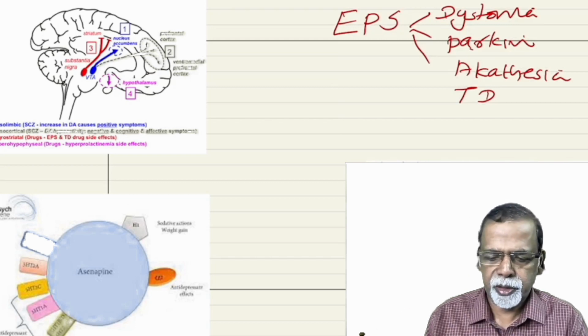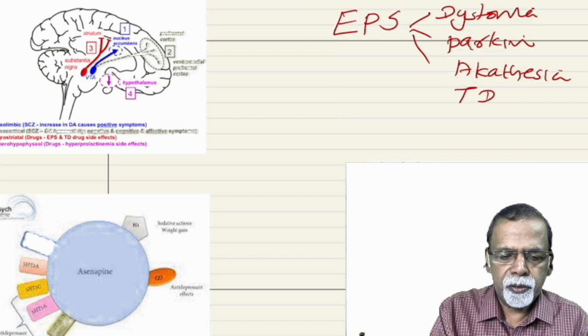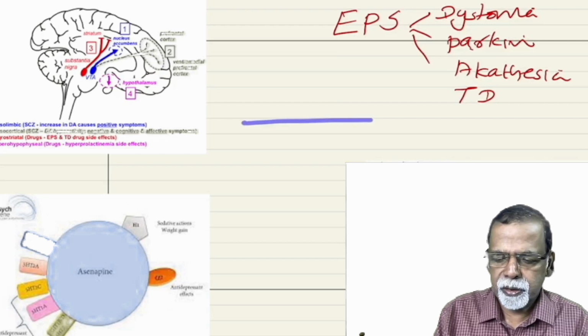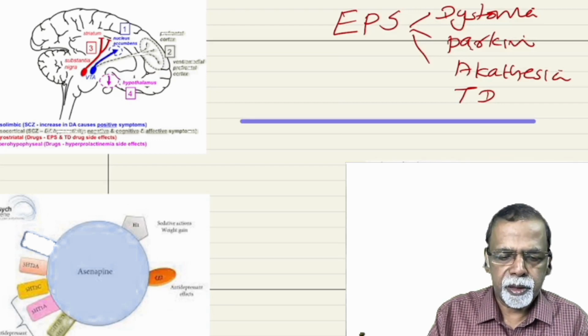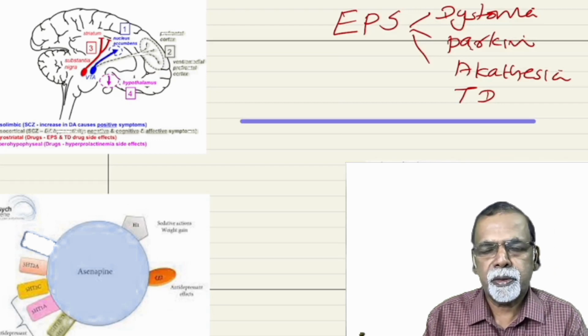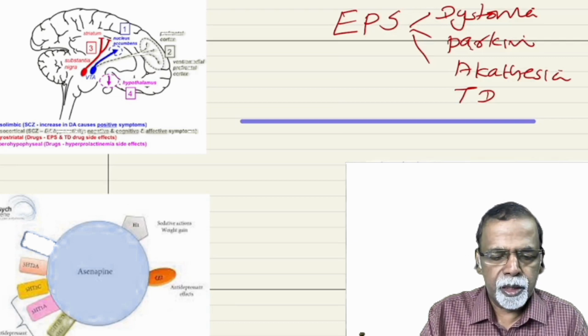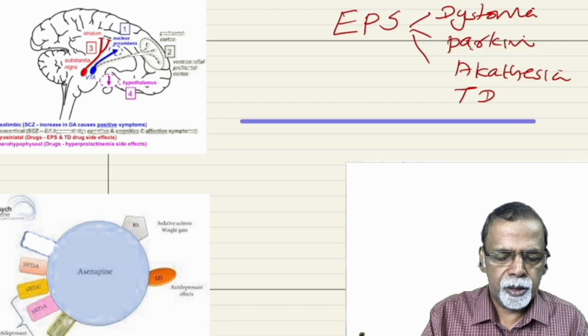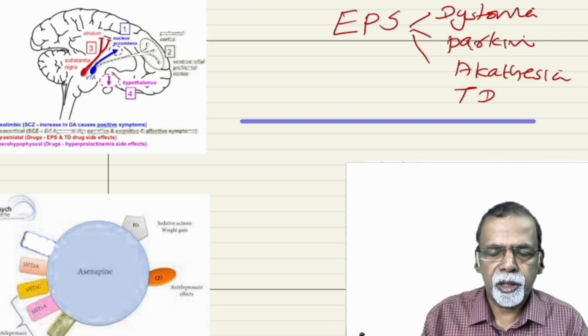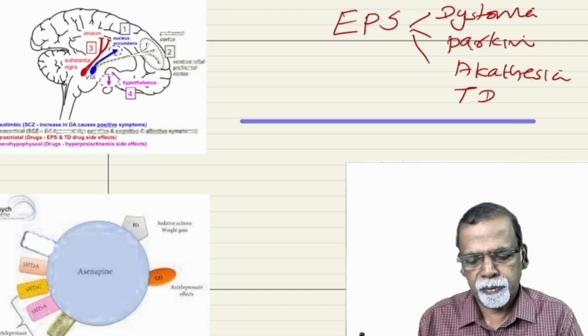And what is the mechanism? As we know, the antipsychotics act by the blockage of D2 receptors. Here we can see the nigrostriatal pathways. The nigrostriatal pathway blockage will lead on to extrapyramidal reactions.